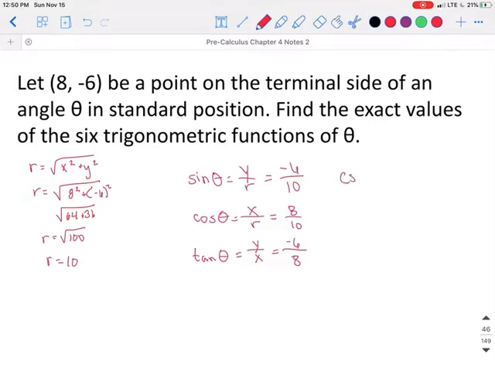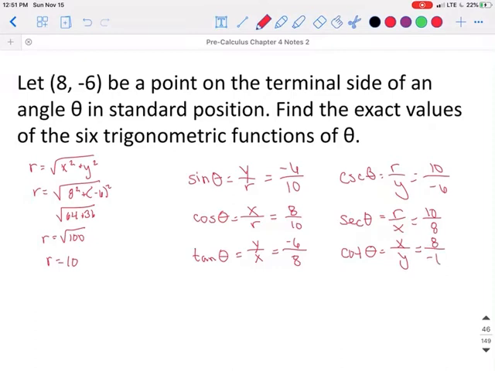Your remaining 3 trig functions are just the reciprocals of your original 3. So cosecant is going to be 10 over -6. Secant of theta is r over x, or 10 over 8. And cotangent of theta is x over y, or 8 over -6.